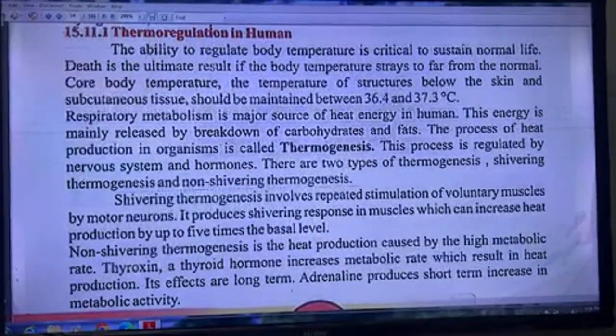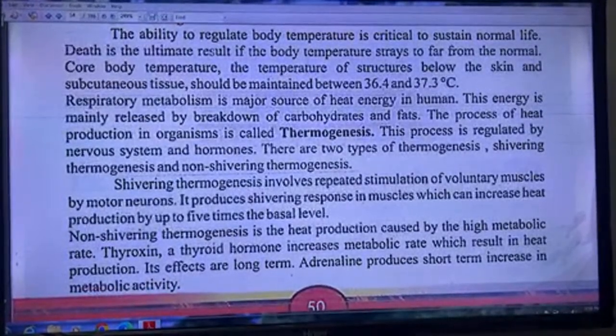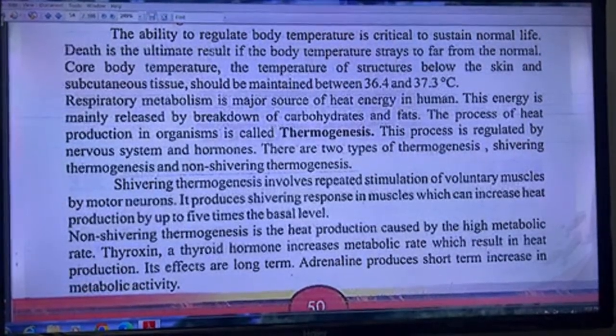There are two types of thermogenesis: shivering thermogenesis and non-shivering thermogenesis. Shivering thermogenesis involves repeated stimulation of voluntary muscles by motor neurons. It produces a shivering response in muscles, which can increase heat production by up to 5 times the basal level.